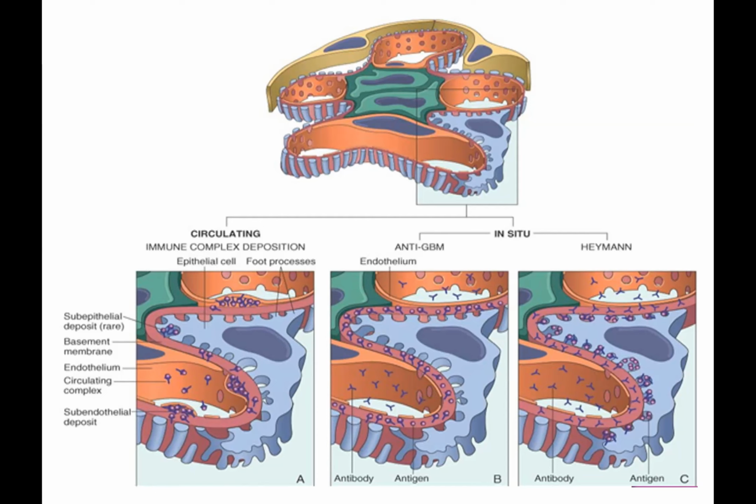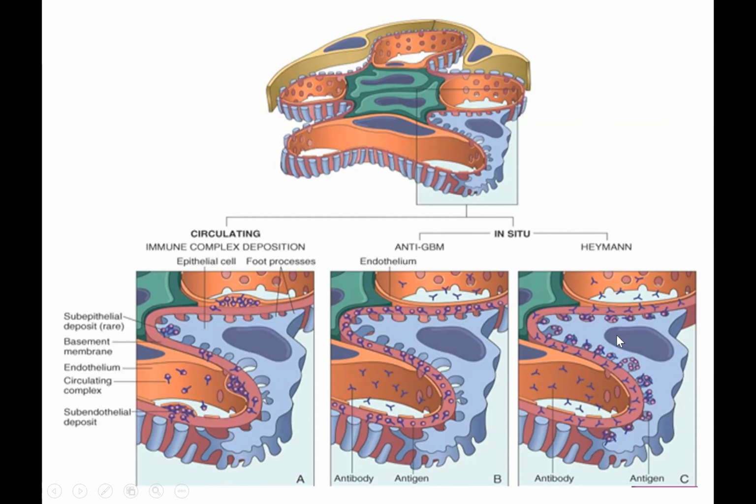So, as they pass through your capillary tuft, they tend to be trapped. And these antigen-antibody complexes tend to be deposited in the subendothelial layer. Subendothelial layer. So, this is another example. In here, you have the immune complexes, this time in the subepithelial layer.